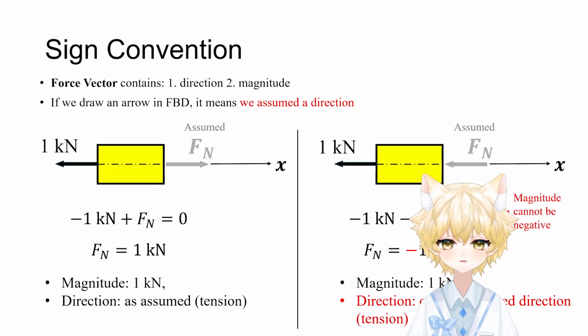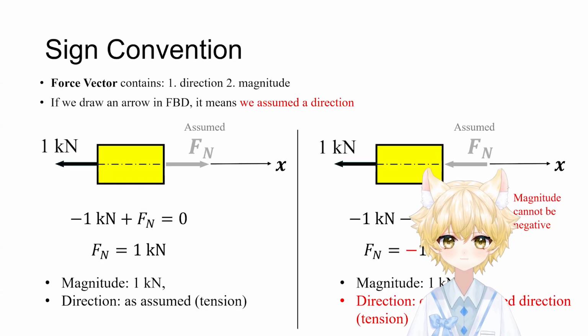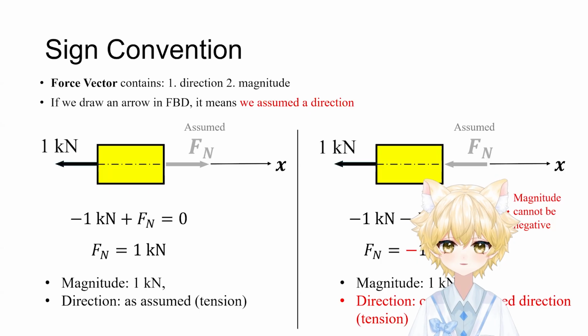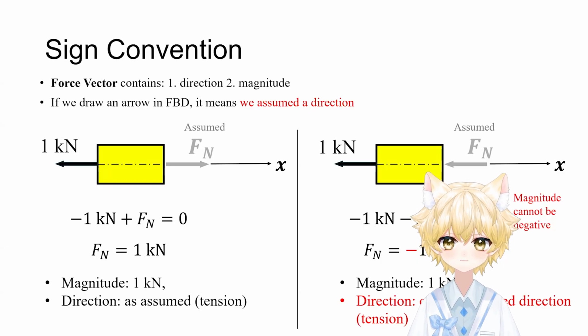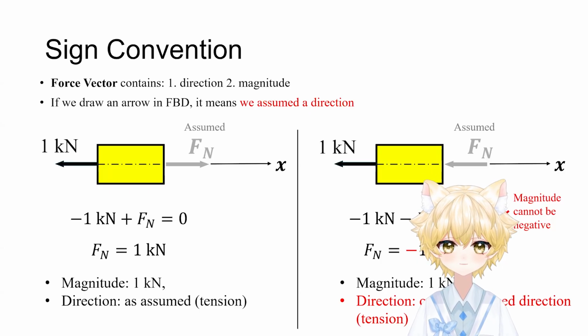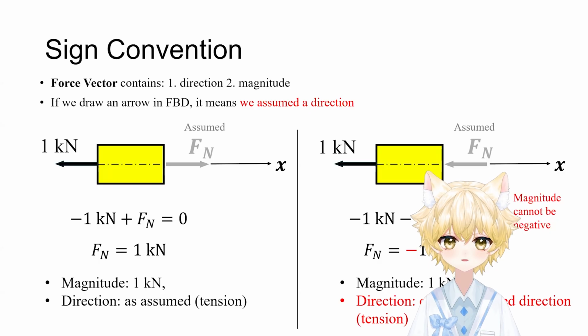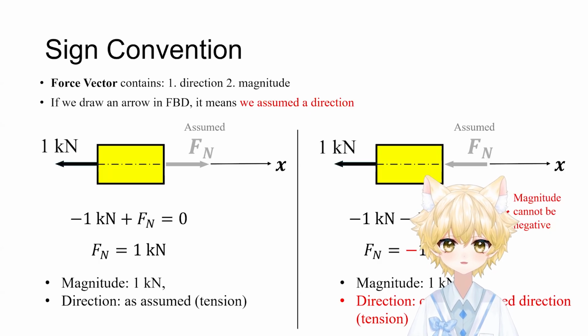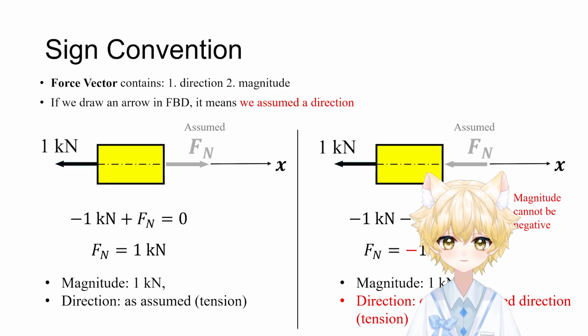But since it is unknown, you may ask, which way do I point the arrow? Which direction? Well, the answer is, it is an assumption. Look at the two cases on the slide. On the left, we assume the force was a tensile force, right? On the right, we assume it was a compressive force. Here, the coordinate system is local, only focus on the tension or compression.